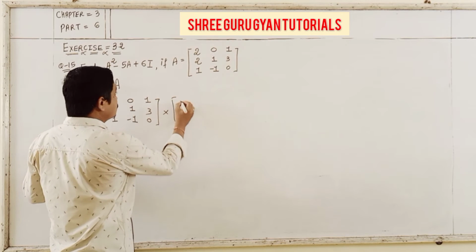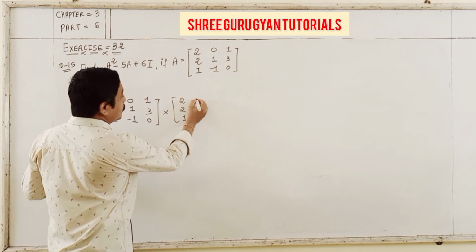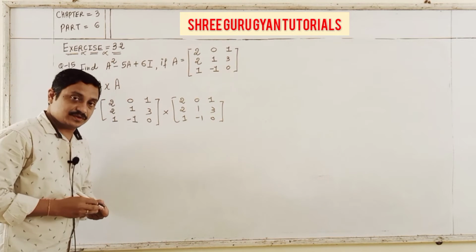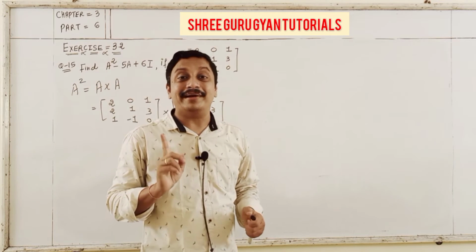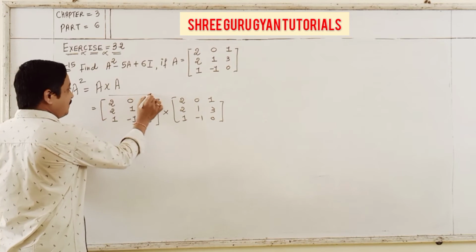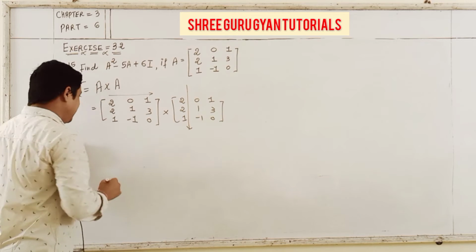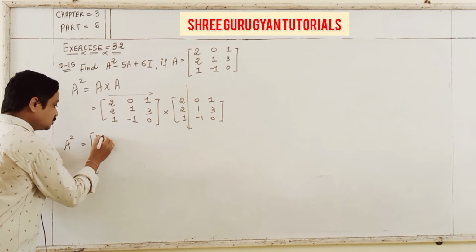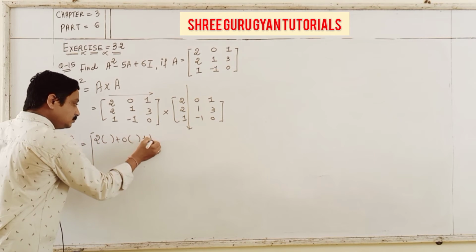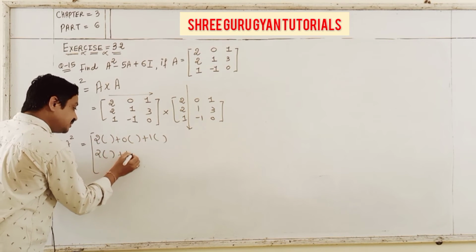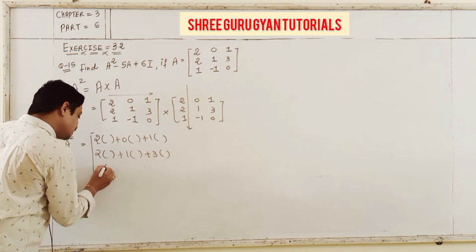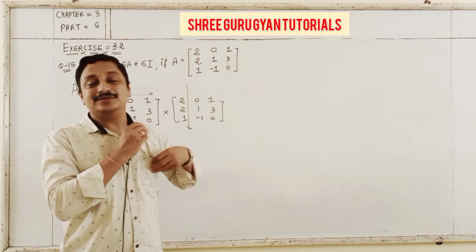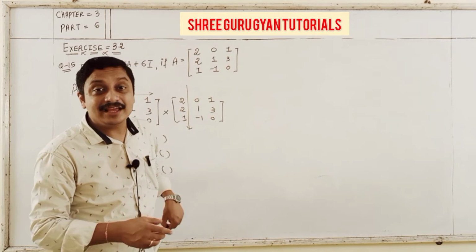Similarly, you write A again, 2 1 0, 1 minus 1 and 1 3 0, and you start your matrix multiplication this way. I just multiply the both matrices. So 2 0 1, same as 2 1 3 and last 1 minus 1 with 0, and that process I will write down 3 times because I have 3 columns.